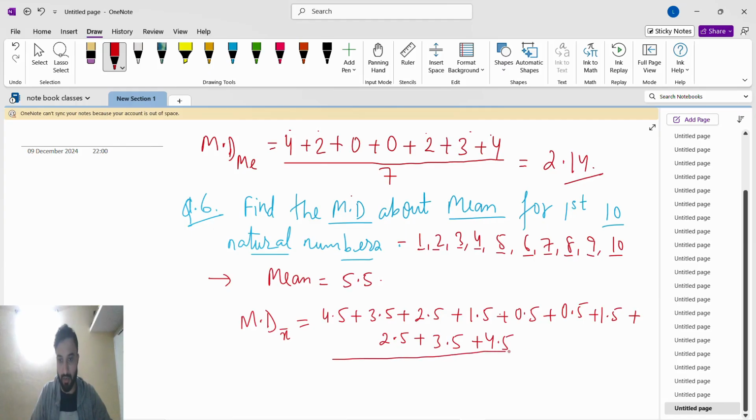If you are not good at this, guys, please use the calculator. Whole divided by n, which is 10.